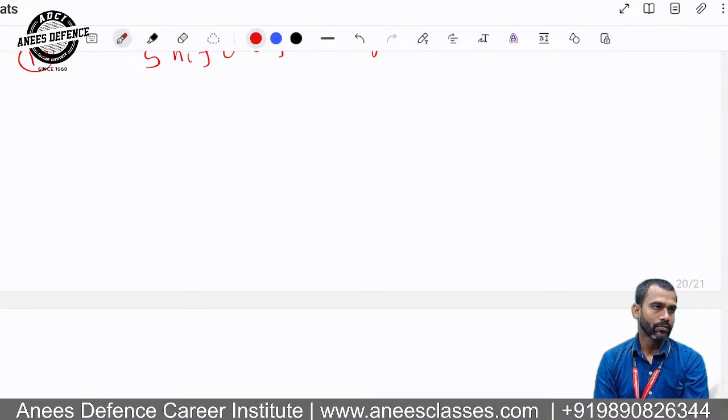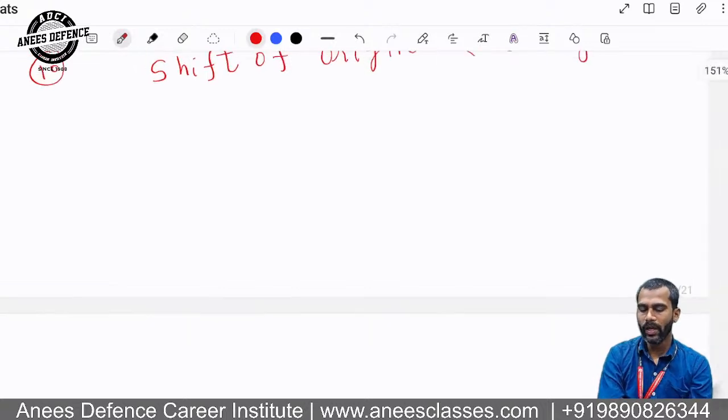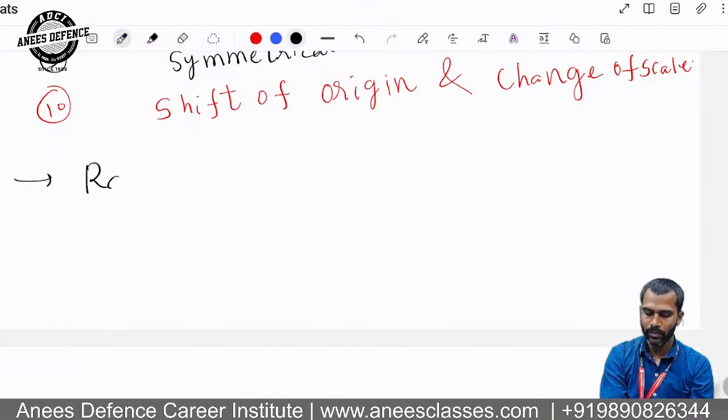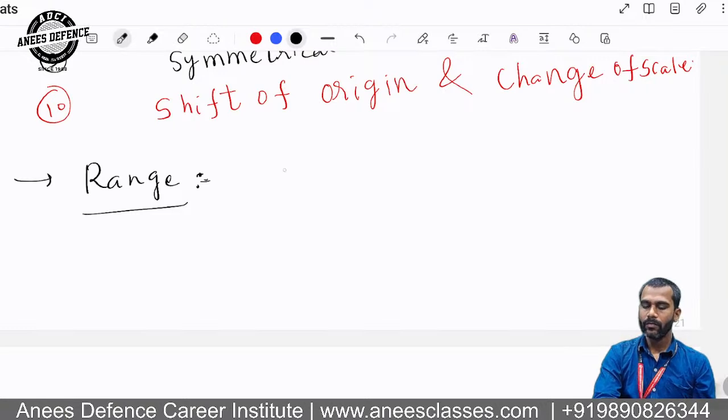Yes or no? What is the range of the data? Range of the data means at what length or interval the whole data is scattered. Yes or no? So give the heading range. What is the meaning of range? Write down the definition.